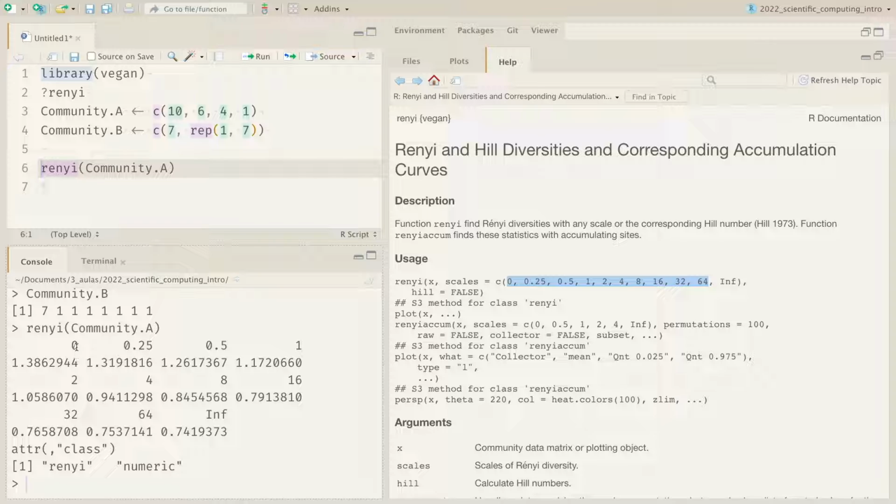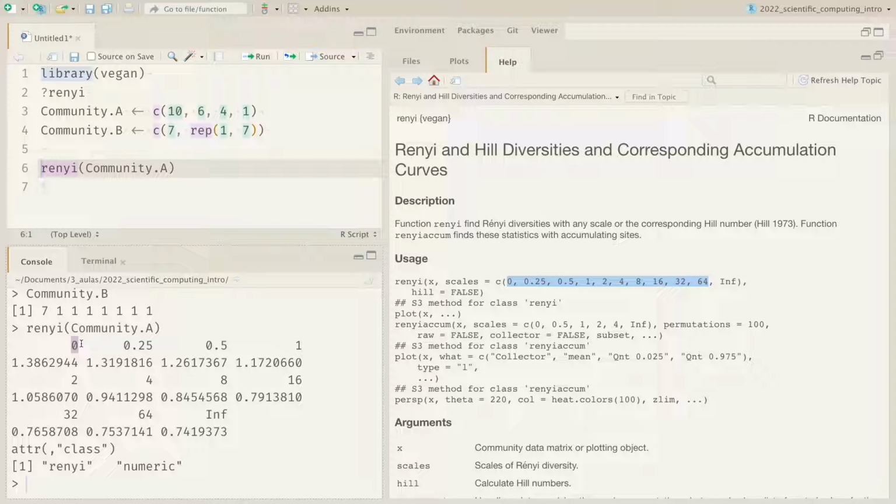At the end, when we change alpha, we go from a moment where every species has the same importance in the sample, because it's richness, where if you appear one time in the sample you contribute to the richness. When we augment alpha, we give less and less importance to any individual species and more and more importance to the most abundant species.